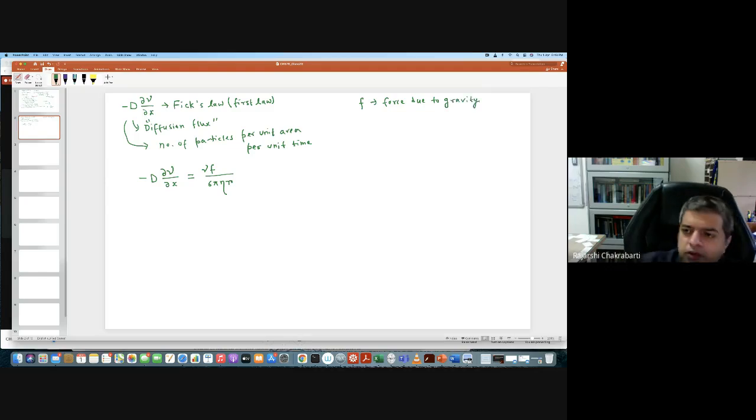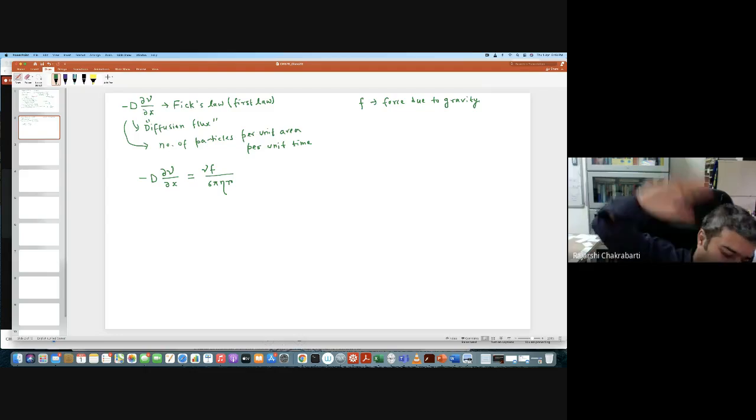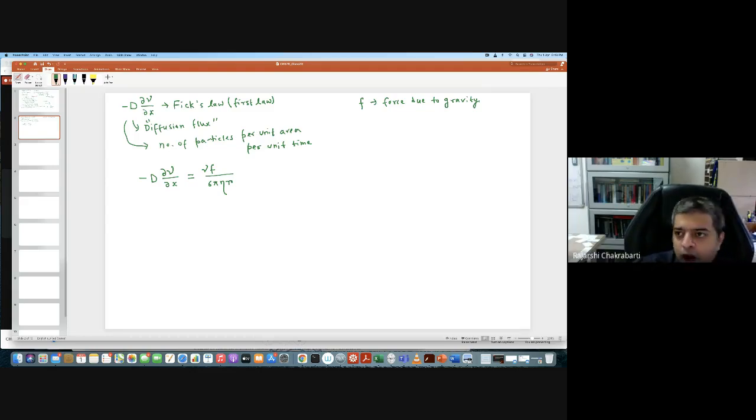And you know from your school physics that because of this force due to gravity, the density will change. If I go higher in altitude, air becomes thinner, isn't it? The density decreases because of this gravity. And if you have some kind of equilibrium, then you have some Boltzmann distribution. So you'd expect something like a Boltzmann distribution.